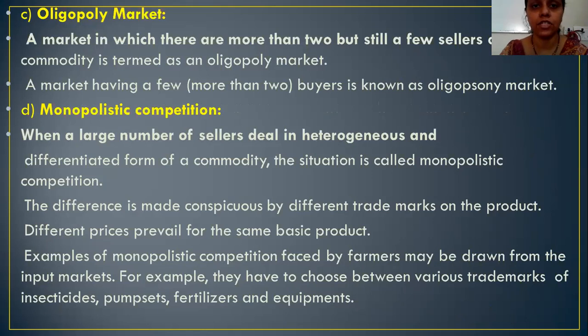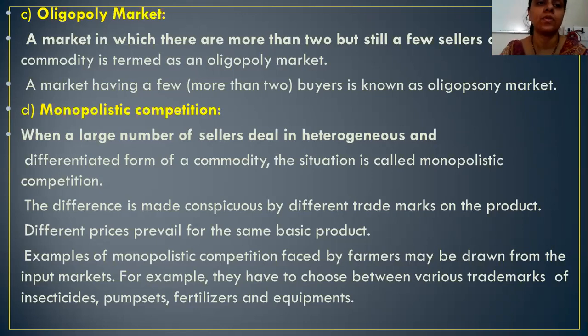A market in which there are more than two, but still a few, not large, sellers of a commodity. Then we can call that market an oligopoly market. A market having more than two, but a few buyers, we can call that condition an oligopsony market.